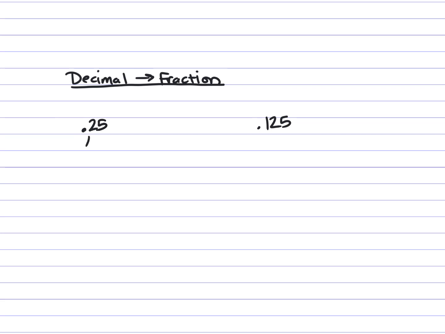The 2 is in the tenths place, and the 5 is in the hundredths place. So in order to write 0.25 as a fraction, I use the smallest place value. So this is 25 hundredths, and I can write this as 25 over 100.